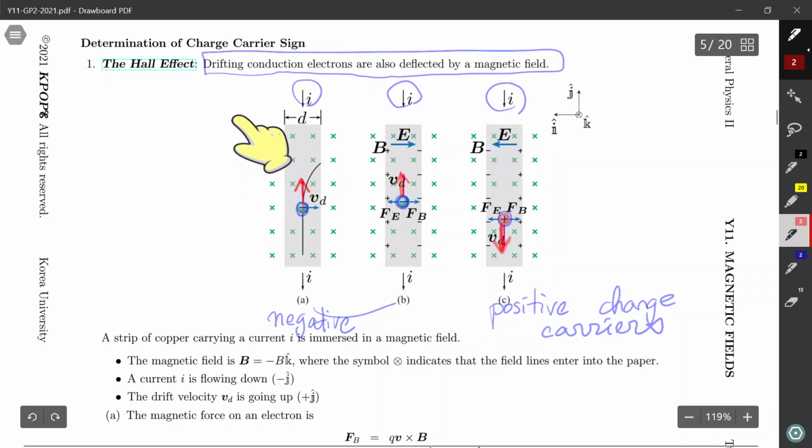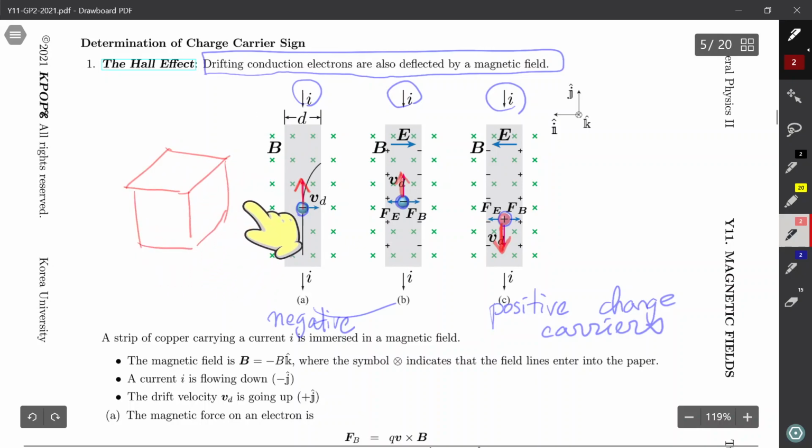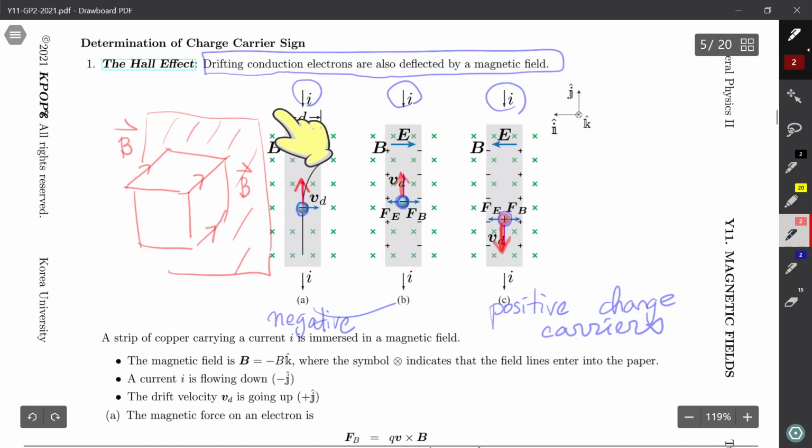First, the magnetic field is turned on. We draw this figure. The B field is going into the plane. This is the plane where the right figure stands for.